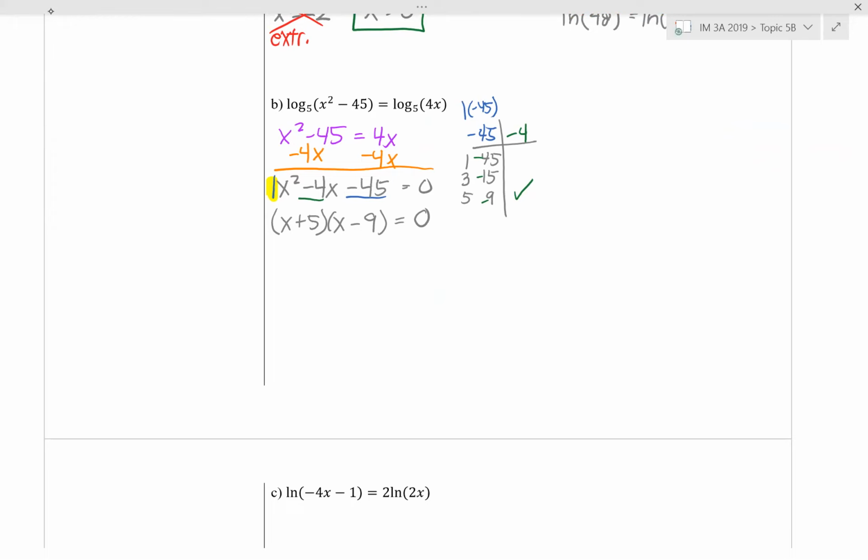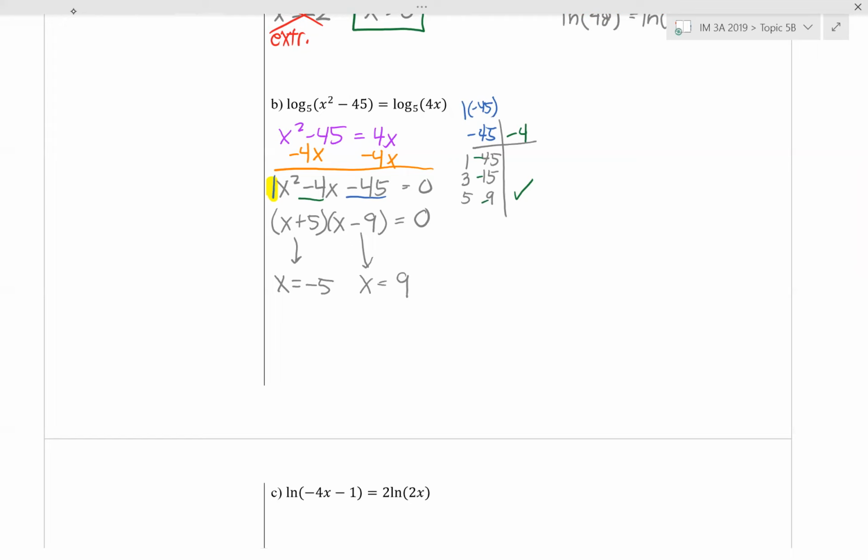So we talked about the shortcut. The first shortcut was being able to do this and not have to do grouping. The next shortcut is knowing that this expression means x would have to be -5, because I have x plus 5, so -5 would turn that into 0. And this one means that x would have to be +9.